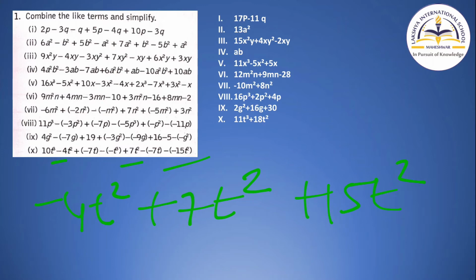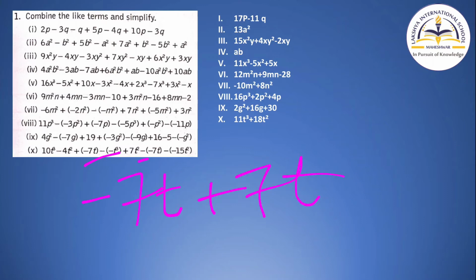Now how many t square terms are there? 15 plus 7, that is 22. 22 minus 4 is 18t square, so 18t square. Now we will see the t terms, that is minus 7t and plus 7t. Minus minus is plus, so this cancels out, so there is no t term, 0t.